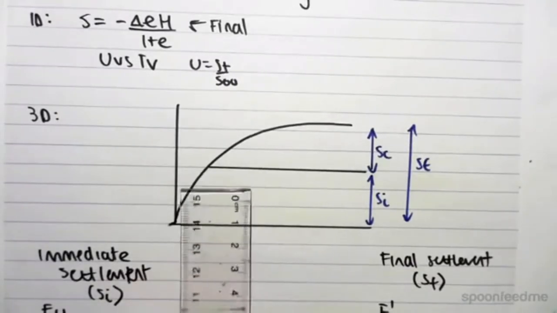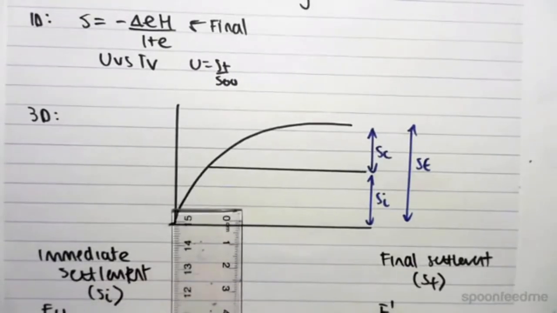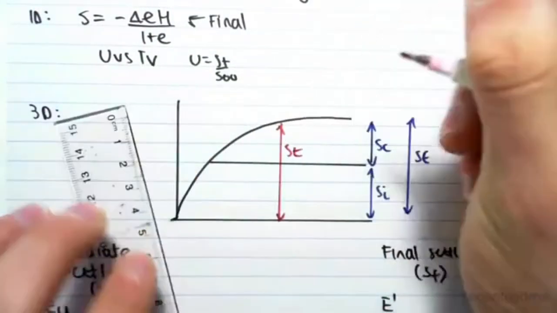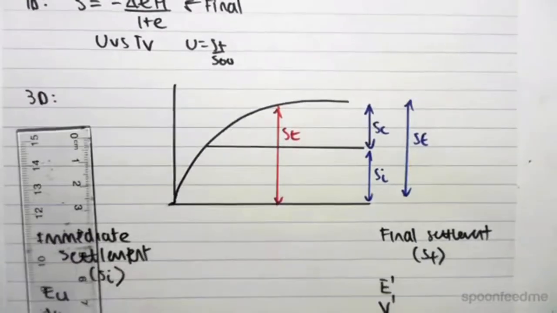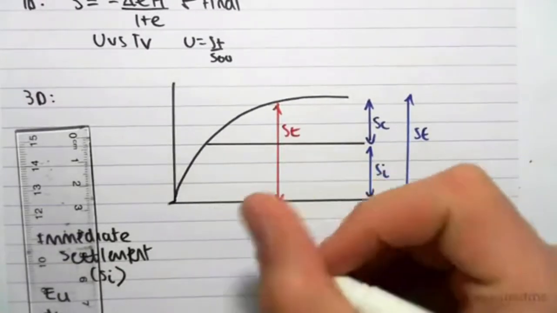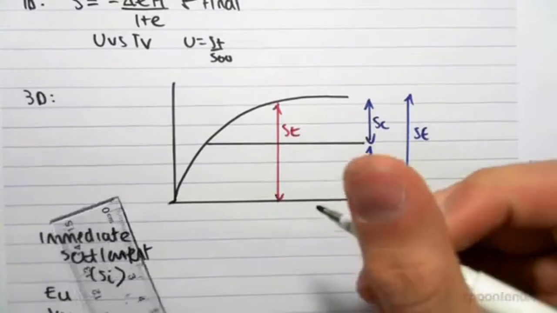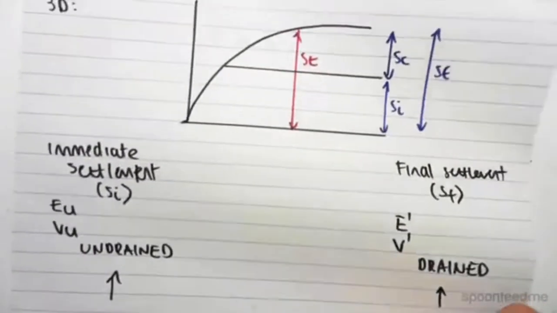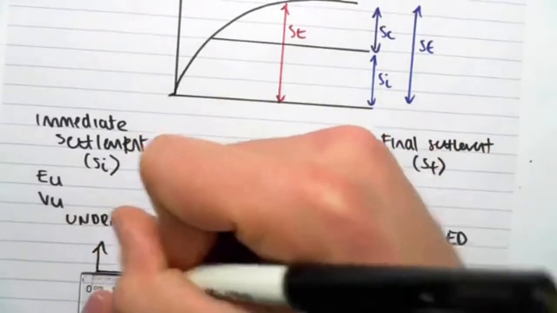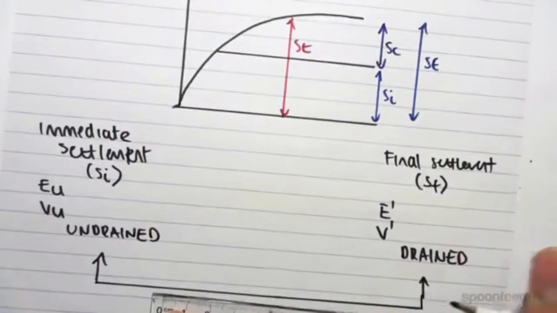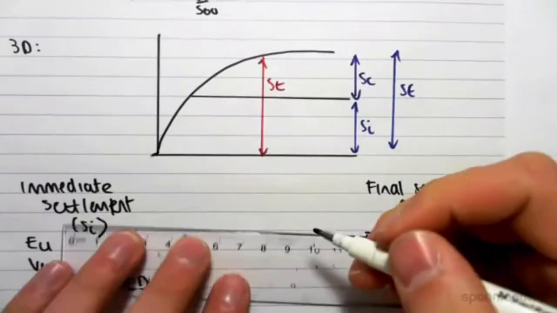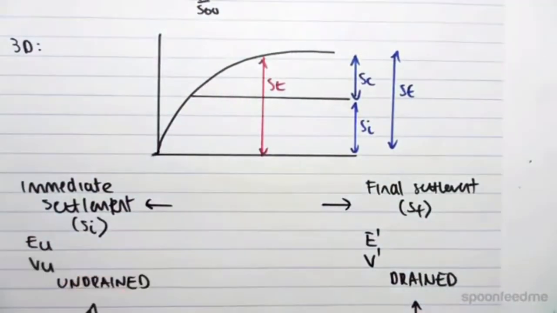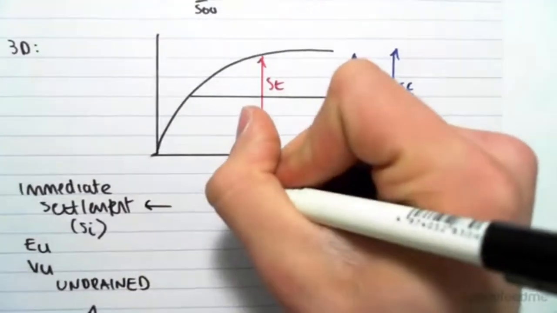And if we wanted to find the settlement at any time, so say we wanted to find this total settlement, we call that ST. We can see that ST is from initial to final. If we want to find any value in between, so any value between the immediate and final, this would be the consolidation settlement.